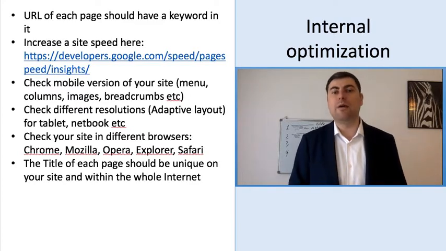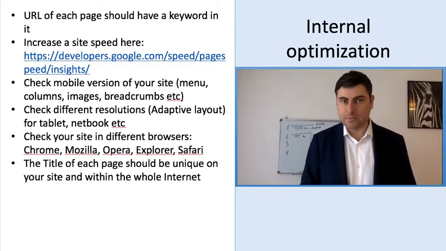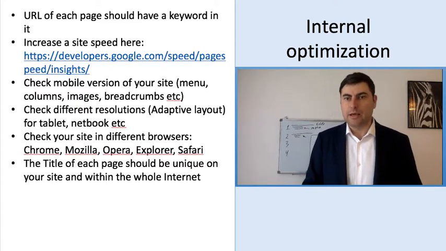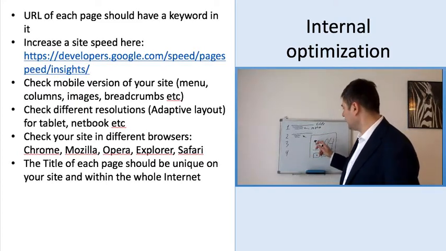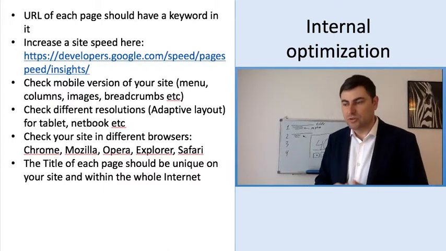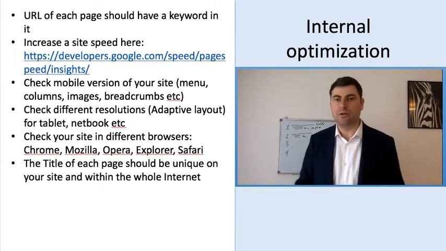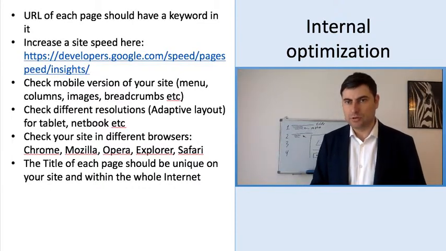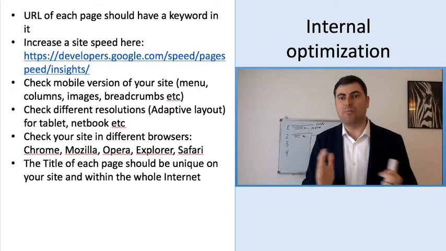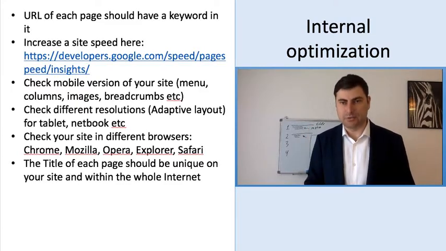Then check the mobile version of your website, how it looks on your mobile phone. All the content, menus, breadcrumbs, and images should not disappear in the mobile version. They should exist, but in an adaptive way for mobile, for tablet, and so on.